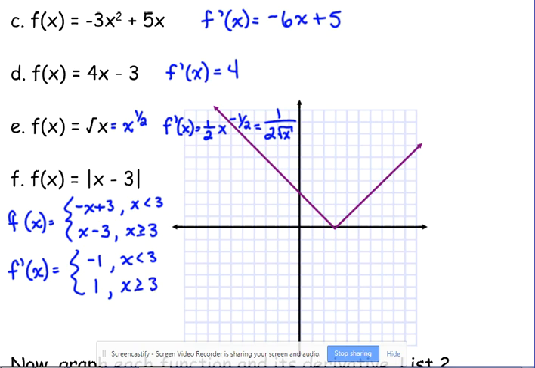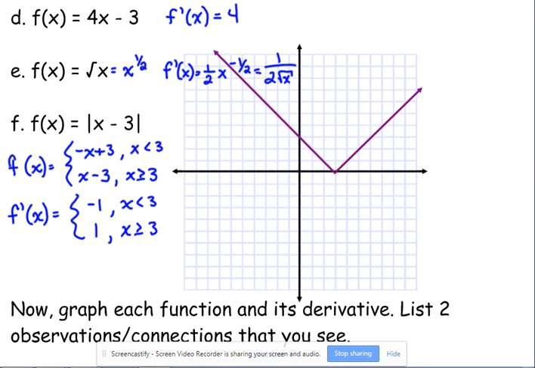Now what I want you to do is graph each of these functions and its derivative, and list 2 observations or connections that you see. That could be graphically, that could be algebraically, whatever connections you see between these functions and their derivatives, I just want you to write that down.